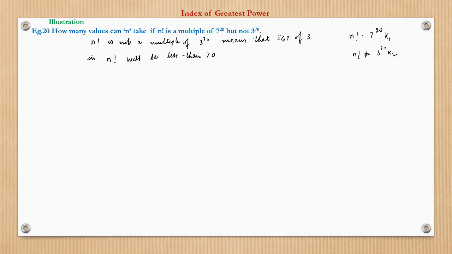Anything from 0 to 70 it can have. But this is the first interpretation, right? Second interpretation is a multiple of 7 raised to power 20.